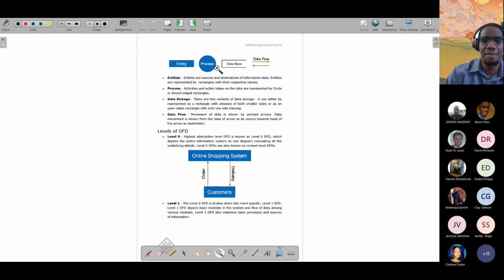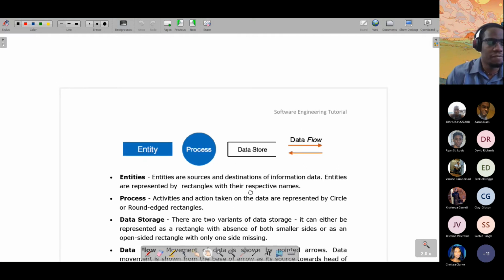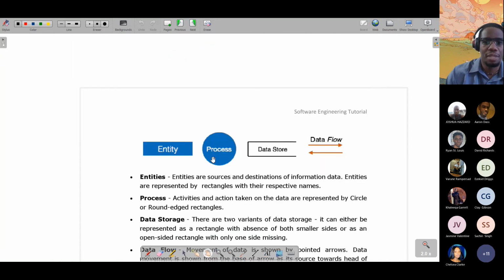Now, the way that the DFDs are implemented here is not my preferred way of implementing them, right? The only thing that we have here that actually has to change is the process.